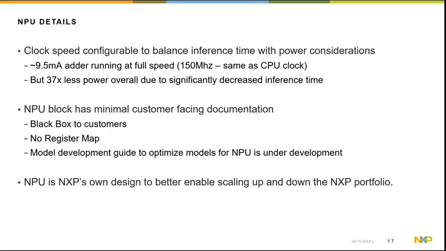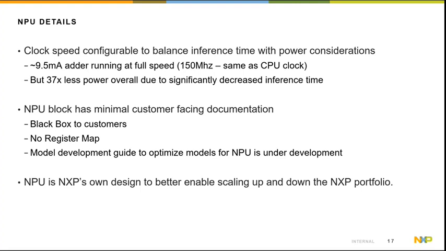The other key thing to know is that this block is basically being presented as a black box to customers. If you look at the NPU chapter in the reference manual, there is not a lot there. It's basically a high-level overview of the features, more of a marketing overview of what we can do and speed up, rather than details on how to use the module.